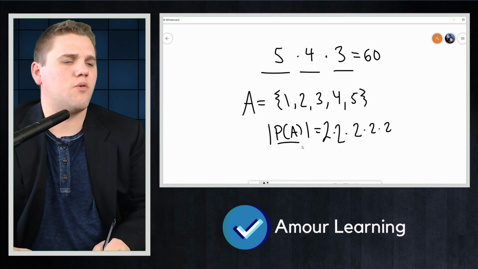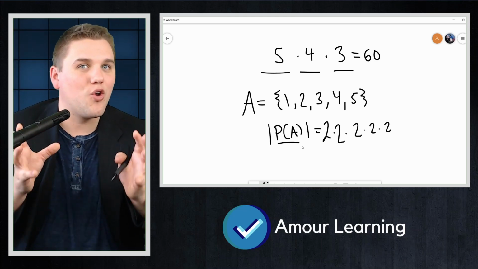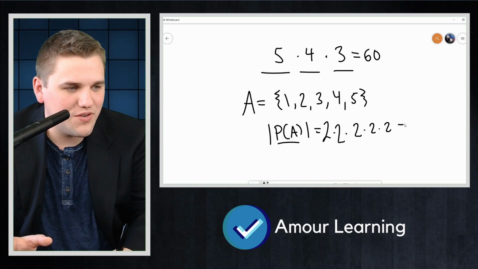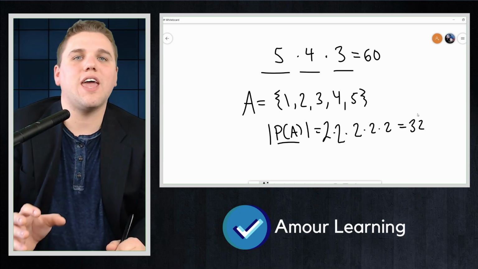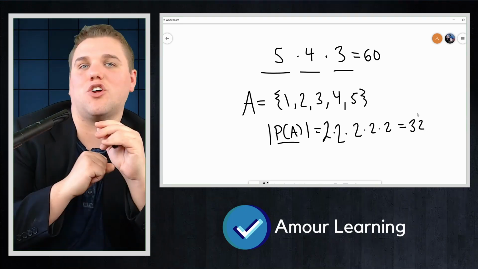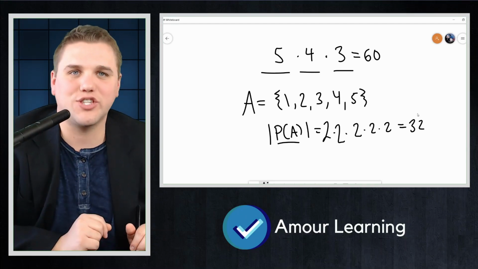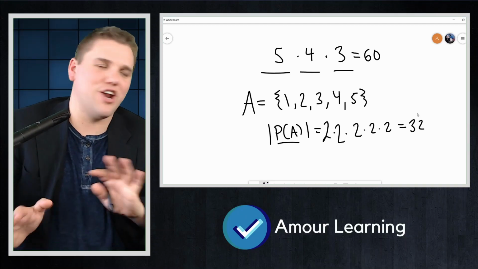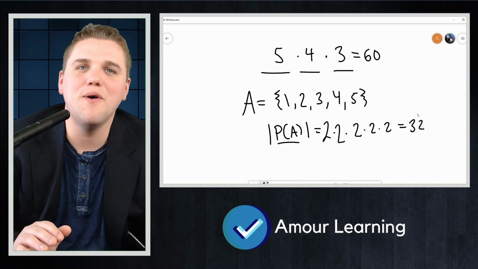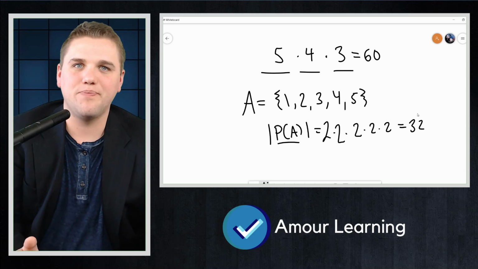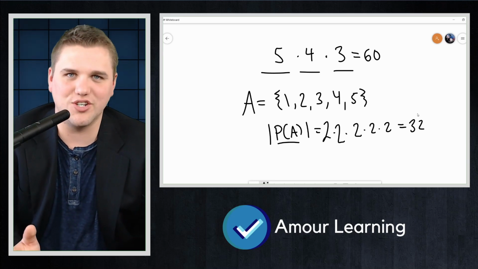But the size of the power set, which is the total number of subsets of A, is 32. How can it be that of those 32 subsets, 60 of them are size 3? That's not possible. So none of these ways are accurate. They're not logical, they're not valid, because 60 is greater than 32.